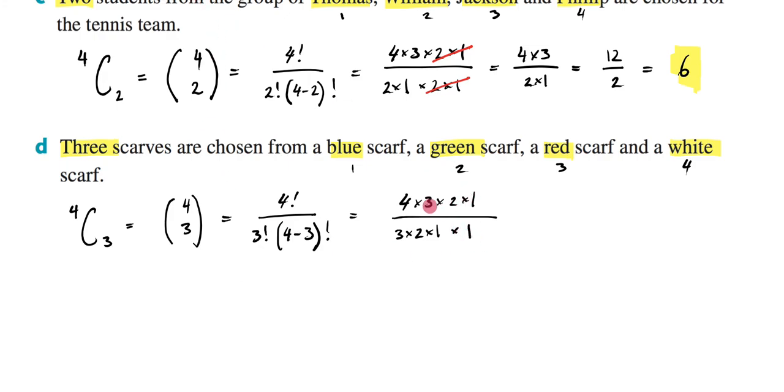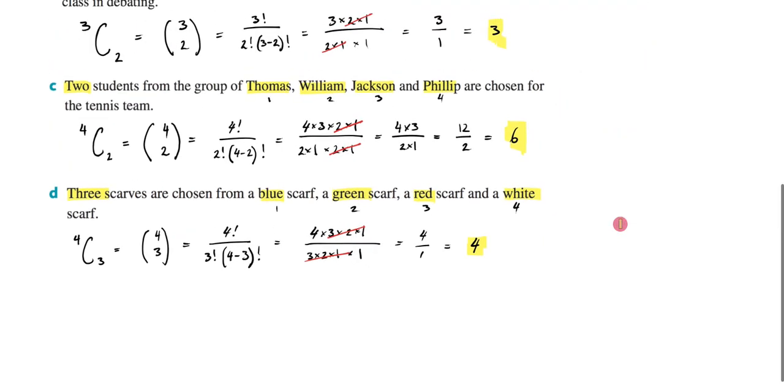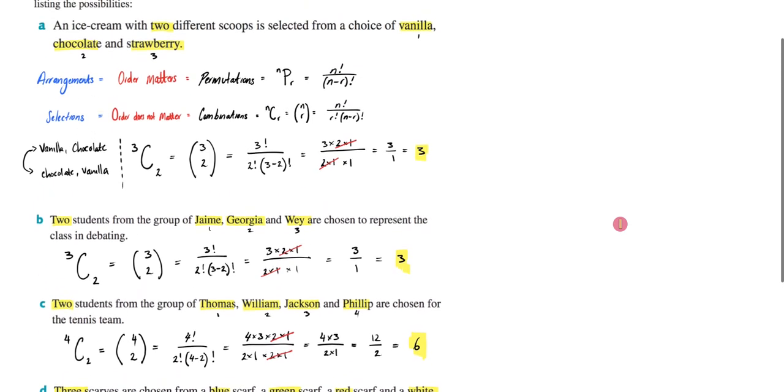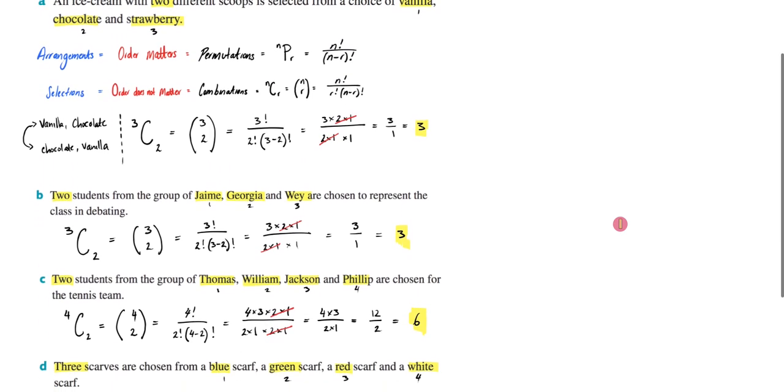Now I'm going to cancel. This will cancel with this, which means I'm left with 4 and 1. So my answer is going to be 4. So for D, your answer should be 4. And that is all your answers to question 1 of exercise 10C. Hopefully this video was helpful if you got stuck.